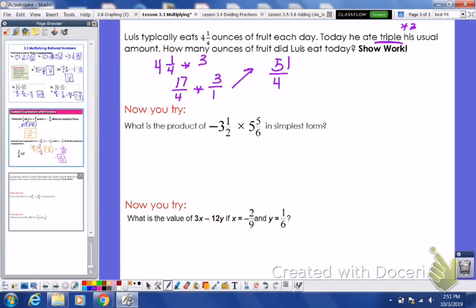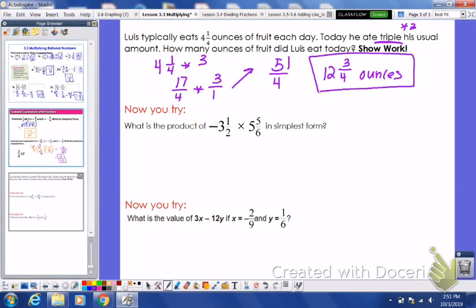I know that 4 goes into 51 12 times. 4 times 4 is 48. So then 51 minus 48 gives us a remainder of 3.